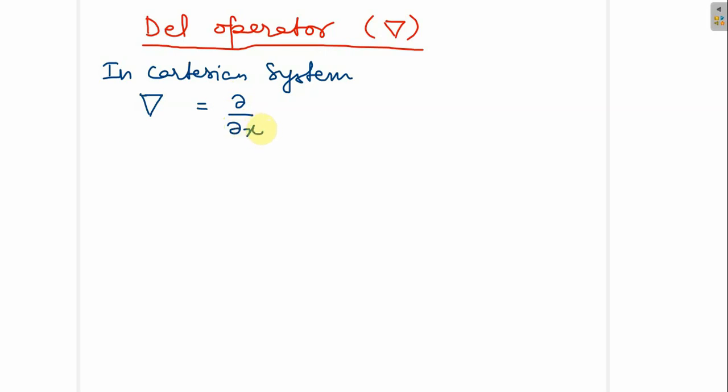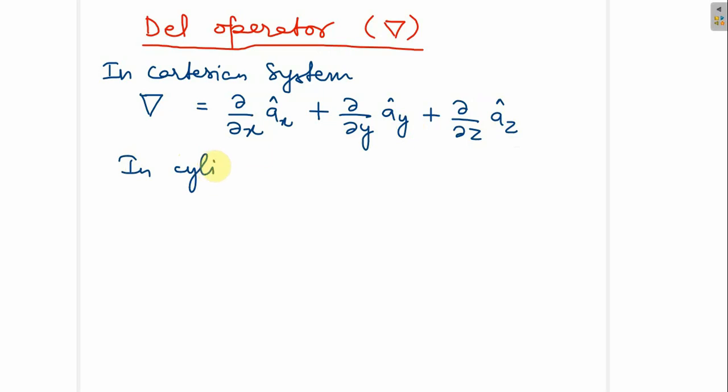In the Cartesian system, your del operator will be del x along ax. Since it is Cartesian, we have the unit vectors ax, ay, and az. Then del y along ay, plus del z along az. Fine. Similarly, in the cylindrical coordinate system we have three coordinates rho, phi, and z.